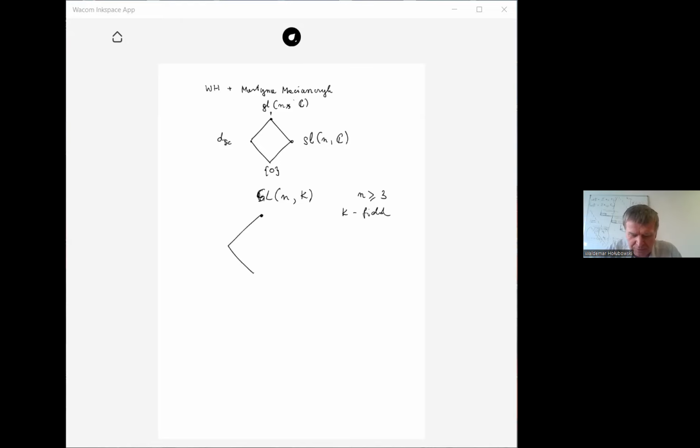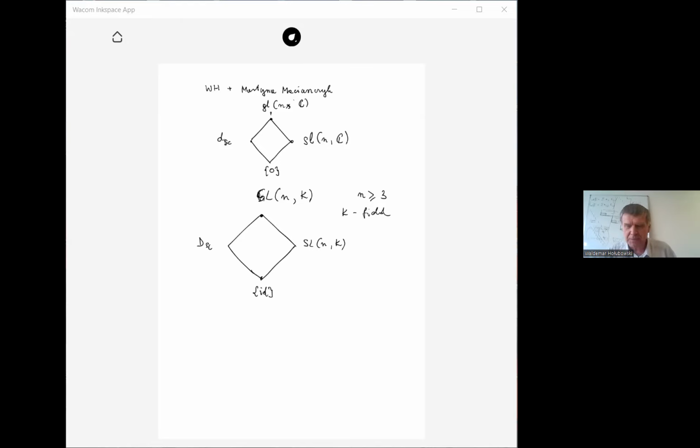And here we have also such a square. Below we have the identity of the group. Here we have the group of scalar matrices, which forms the center of this group. And here we have a special linear group of matrices with determinant 1.